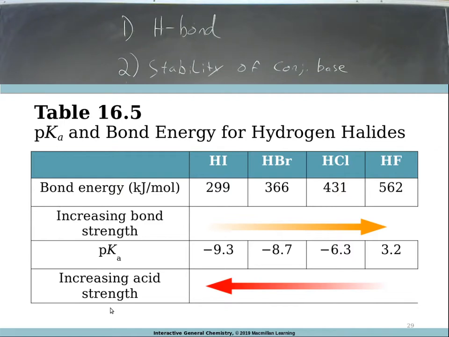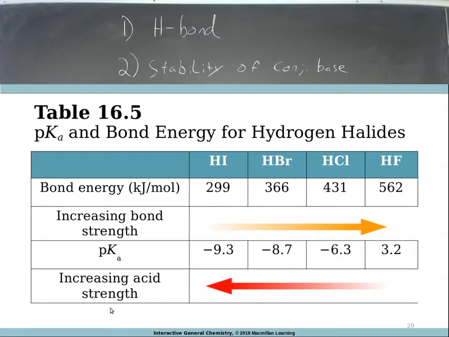And remember, this is a logarithmic scale, so a pKa of negative 9.3 has a Ka on the order of 10 to the positive ninth. Anyway, so HI is a very strong acid. That's why it belongs on our strong acid list.